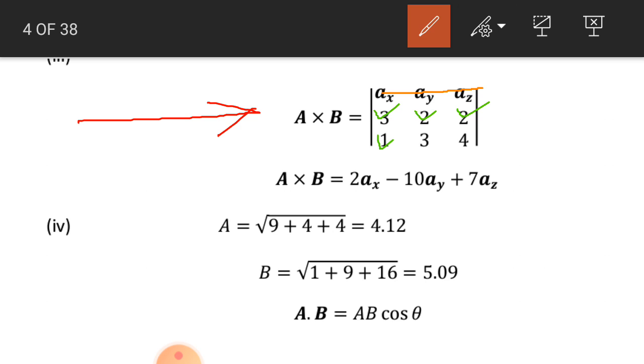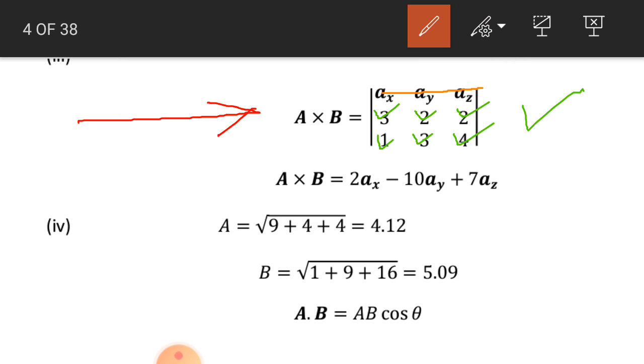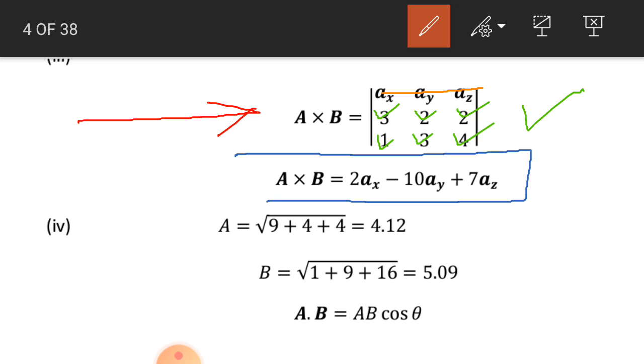Bx is 1, by is 3, and bz is 4. So we expand this determinant, and the expansion of this determinant results in a new vector, and this new vector is a three-dimensional vector which is 2ax minus 10ay plus 7az.